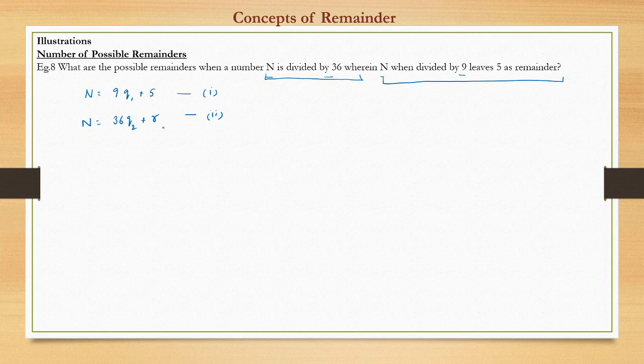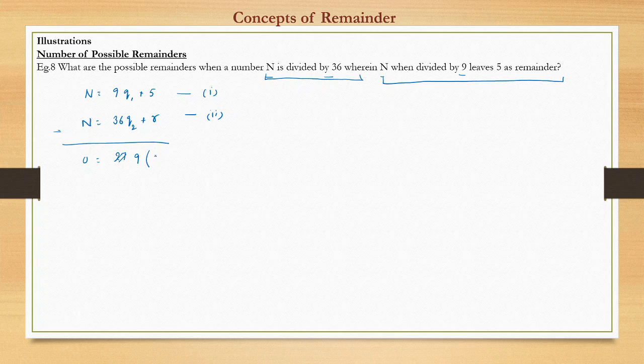So we have to find the possible values of r. What we'll do is subtract the two equations, 2 minus 1, so it is 0. Sorry, this is q1, q2, so 9 is common here, right?